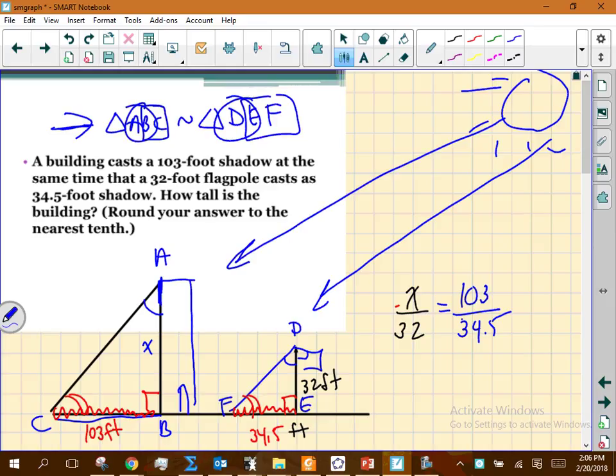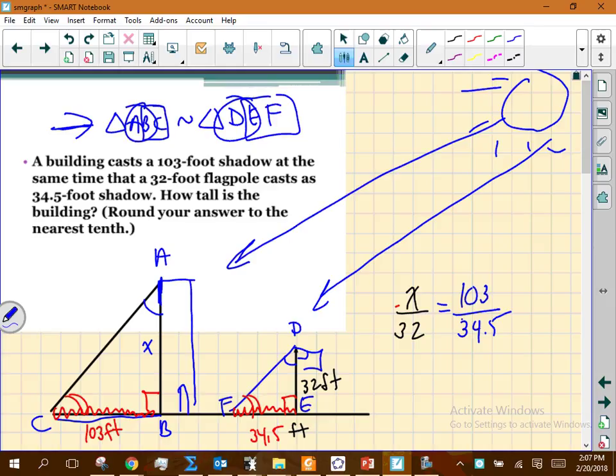And depending on how accurate, this gets into your chemistry and science things, depending on how accurate or precise the device was that we used to measure EF, BC, and DE will then tell us how accurate our actual value or height of the building is through that calculation. Is that all right?